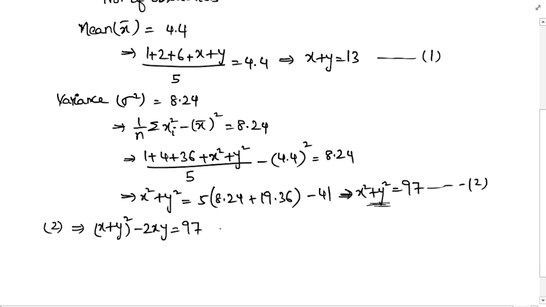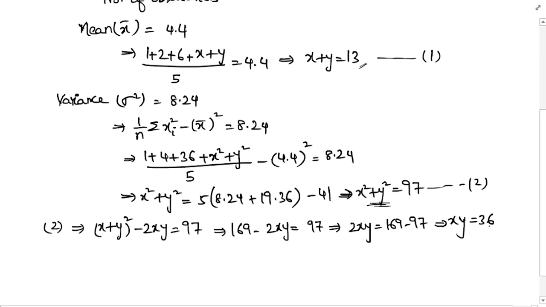Okay, that implies 169 minus 2xy is equal to 97, because the x plus y value we have is 13 from 1. So that implies 2xy is equal to 169 minus 97. That implies xy is equal to 36.